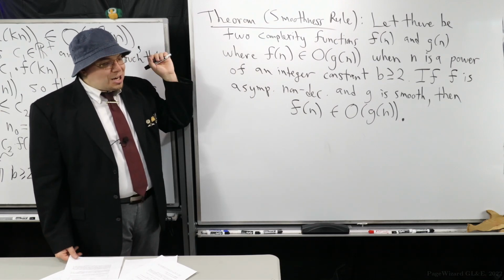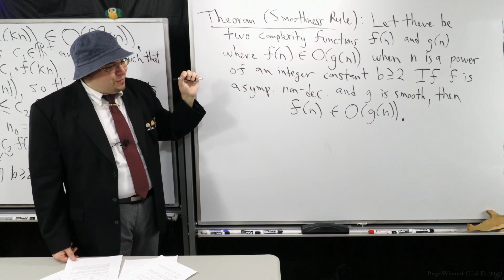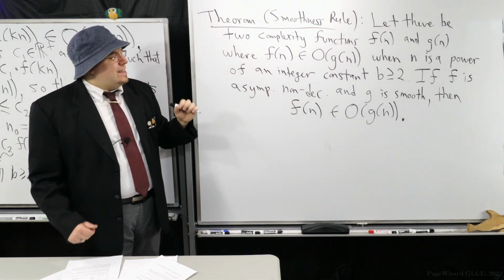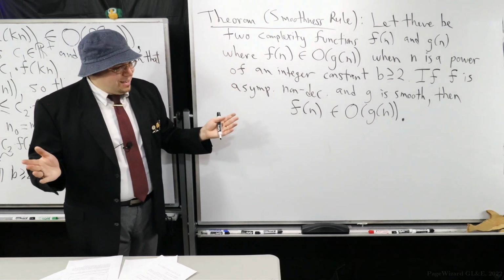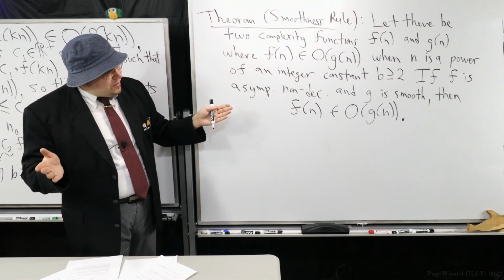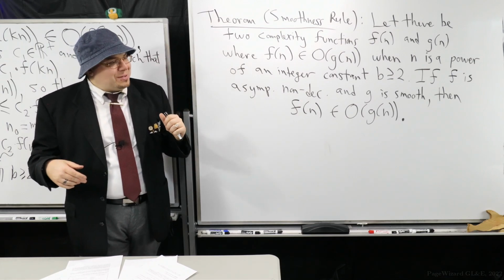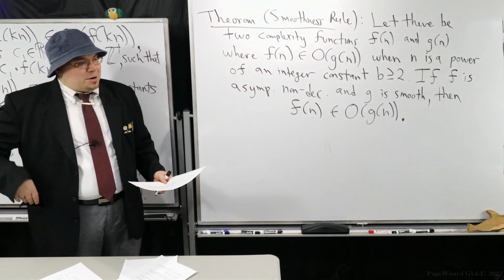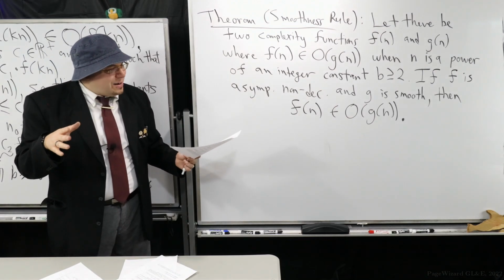So you're not actually cutting corners. That's the beautiful part about it. You're cutting corners in the best of ways, meaning that you're not losing anything. If your goal is to get a big O statement that involves all values of n, this smoothness rule will allow you to do that. So you don't have to go cutting things in floors and ceilings. You don't have to do all that dirty work.